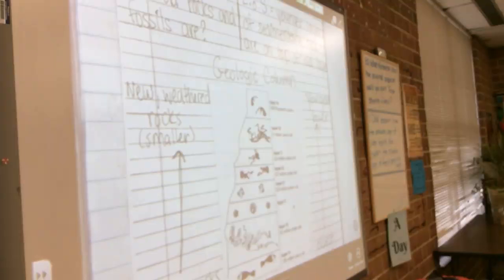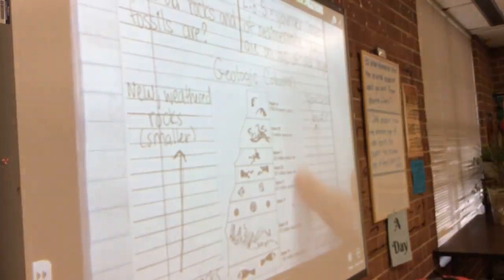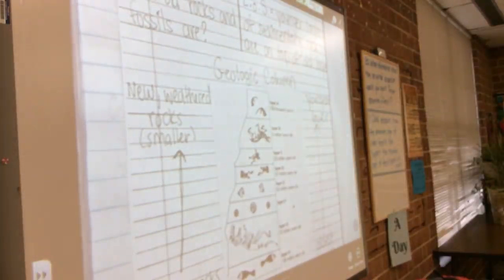Which one's older? Layer H, the bottom one. So that is a picture that fits our law of superposition. As we go up in the column, the rocks get younger. And 750,000 years old by no means is a young rock. But compared to 100 million years old, it's pretty young.